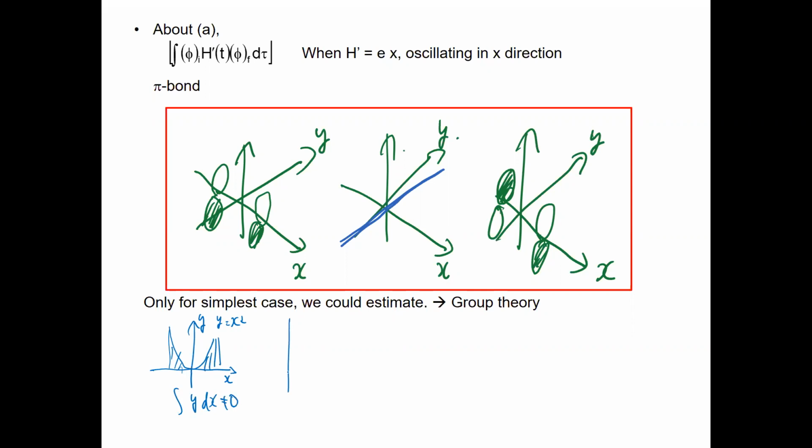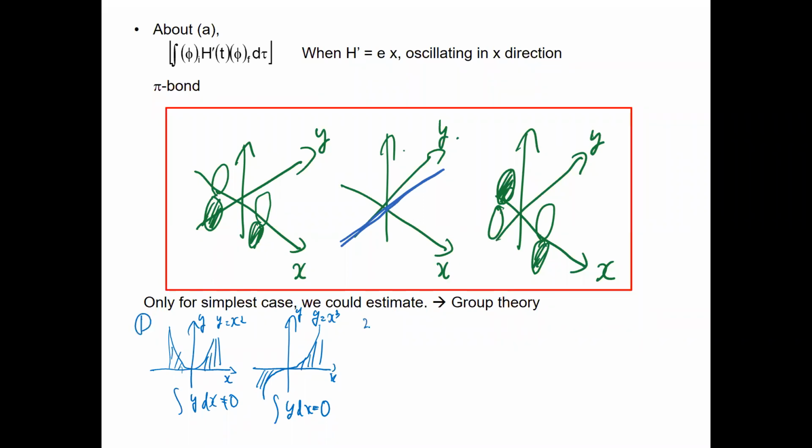But if y equals x cubed, these shadows cancel, so the integral of y dx equals 0, right? So if the function is even, it's going to have a value, but if it's an odd function, it's going to be 0. This is one thing.